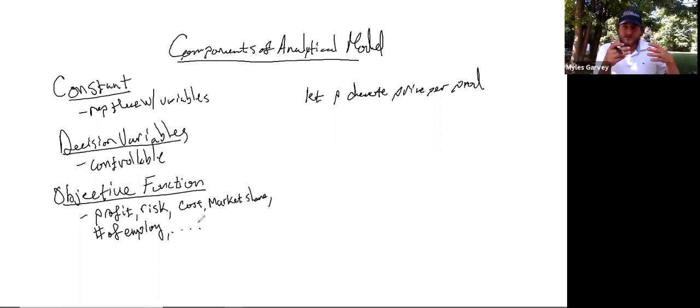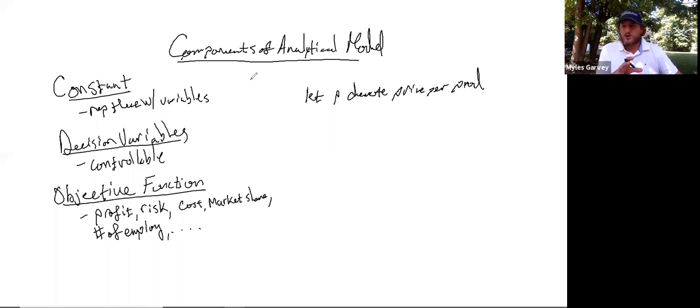So as you can see, when we design an analytical model, it's in part highly dependent on the decision maker themselves. What's their objective? What are they trying to achieve to understand whether the decision they made was good or bad? So the objective function is kind of like a scoring metric.